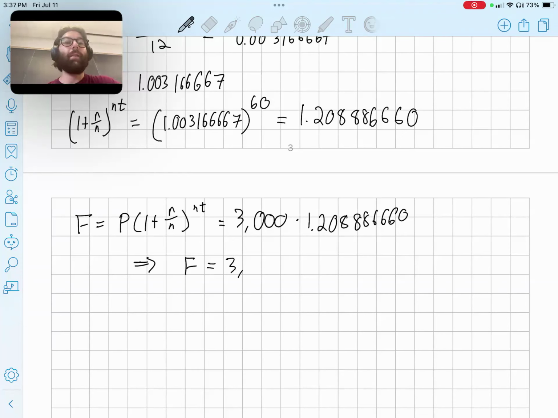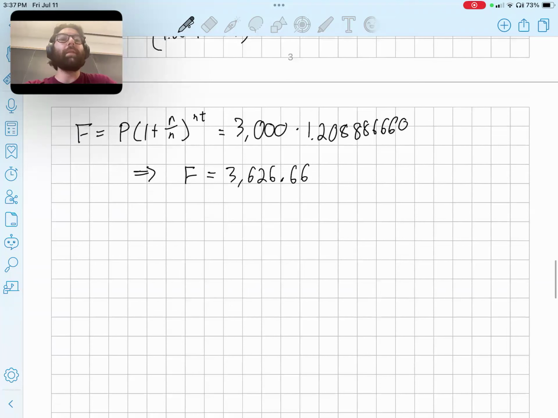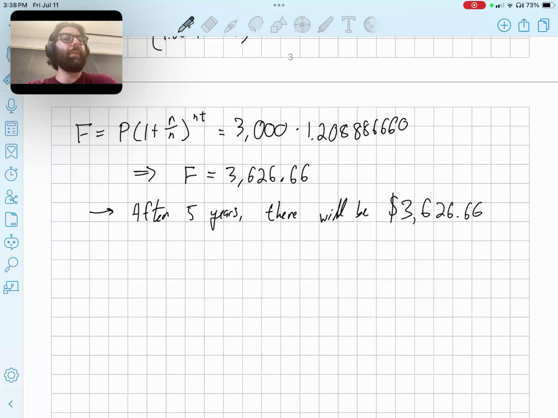So this is $3,626.66. And that's my final answer. So what this tells me is that after 5 years, there will be $3,626.66 in the account.